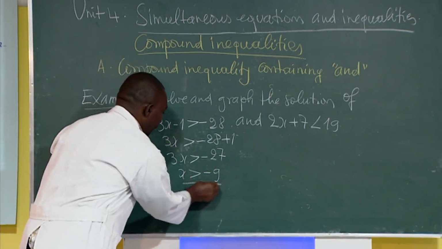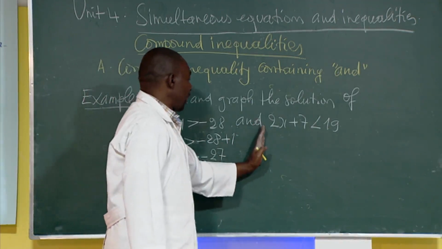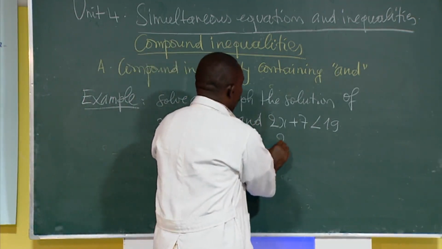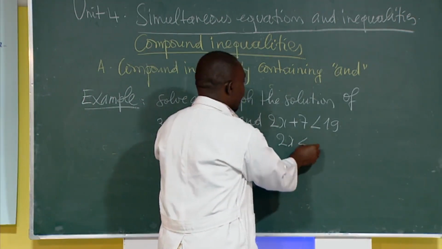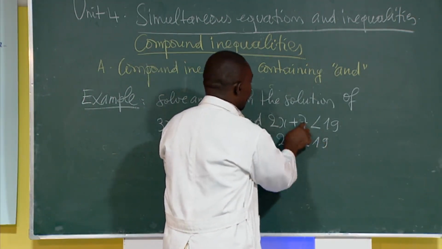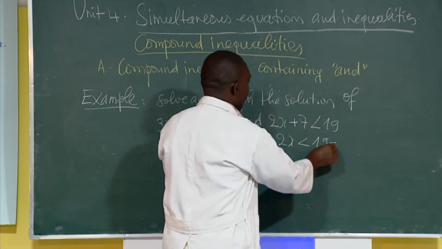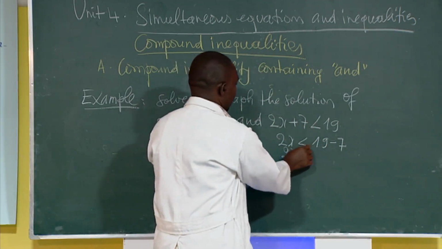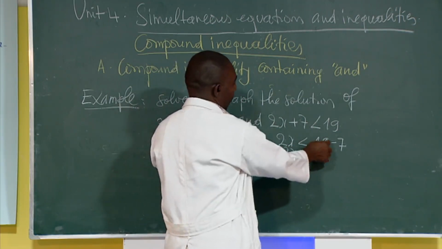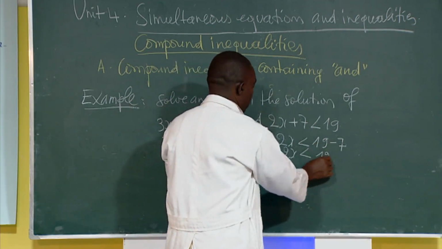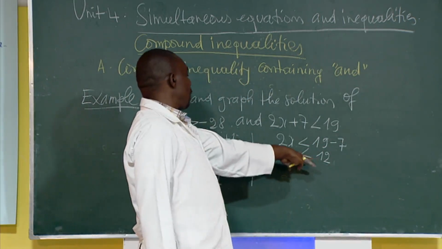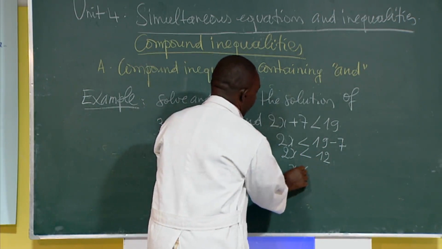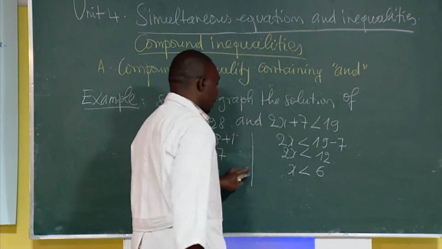This is the first case. For this one, we have 2x which is less than 19 minus 7. 2x is less than 19 minus 7, which is 12. Dividing both sides of the inequality by 2, I'll be having x which is less than 6.